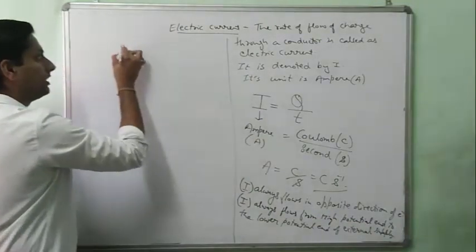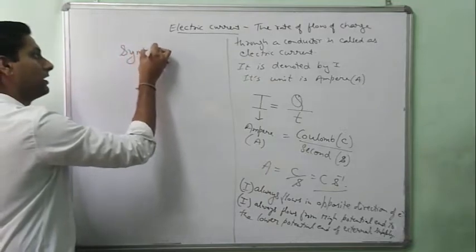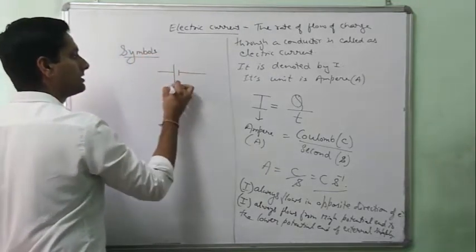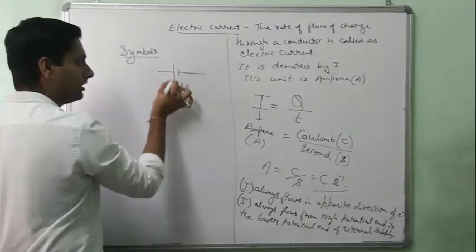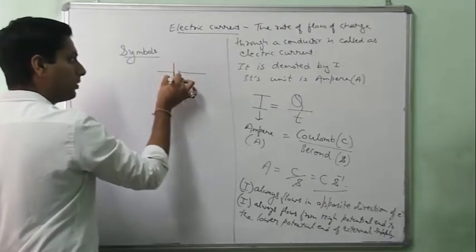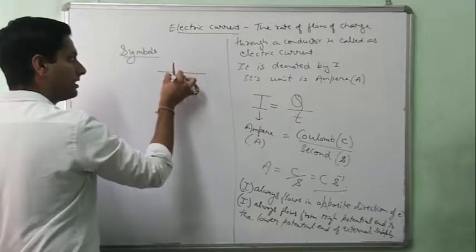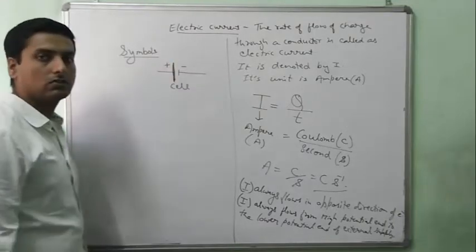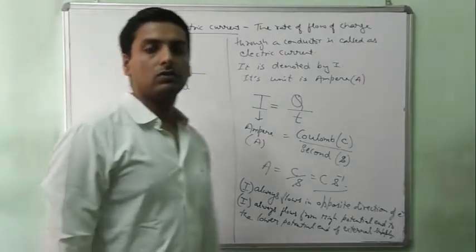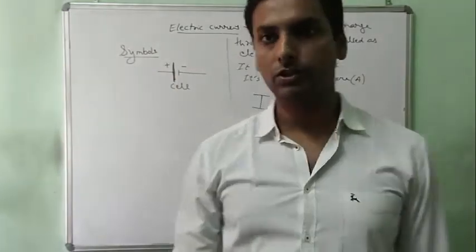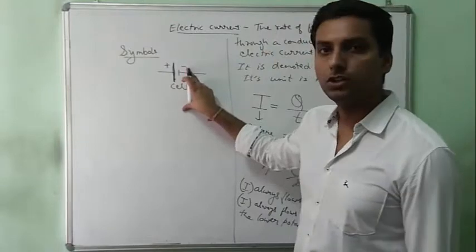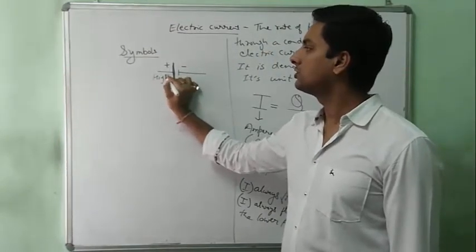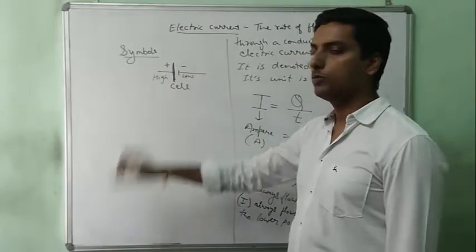Firstly, we need to read about some symbols so that we can understand. This is a symbol for a cell. The longer end is the positive potential end, and the shorter end of the cell is called the negative potential end. So higher potential is positive potential and negative potential is the lower potential end.